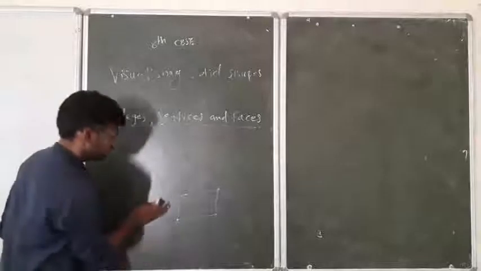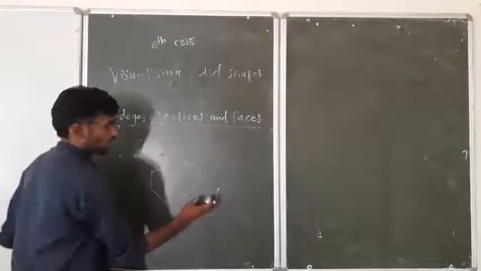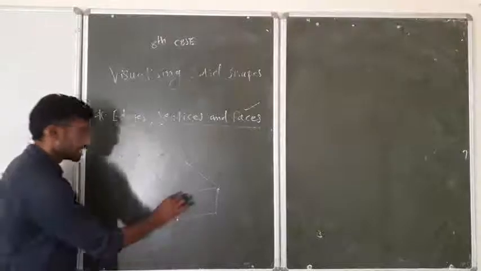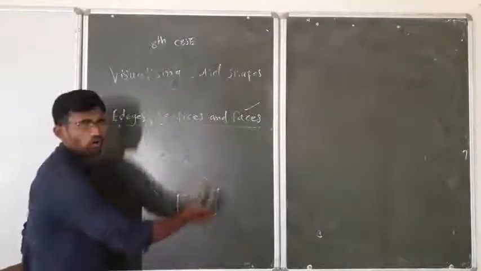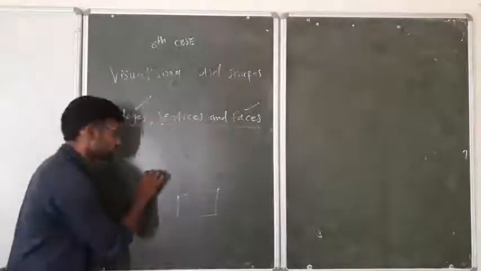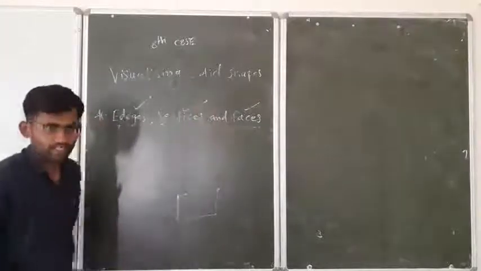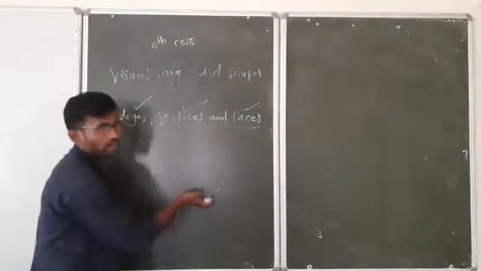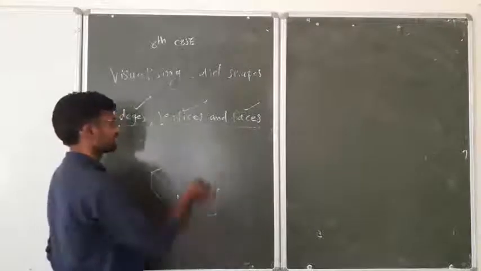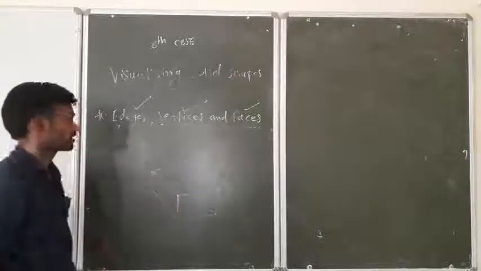The flat surfaces of the solid shapes are called faces. The line segments of the skeleton are called edges, and the corners of the solid shapes are called vertices. Got it? Again, flat surfaces are called faces, line segments of the skeleton are called edges, and corners of the solid shape are called vertices.